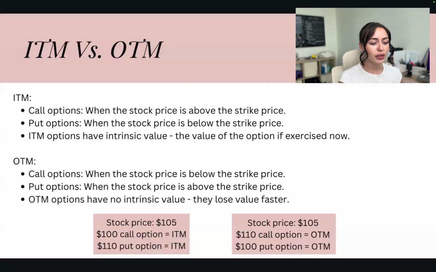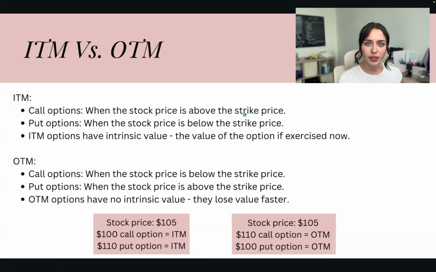So if our stock price is $105, and we're still trading Apple here, if it's currently at $105 here, a $100 call option is in the money because our stock price is $105, which is above the strike price of $100, okay?